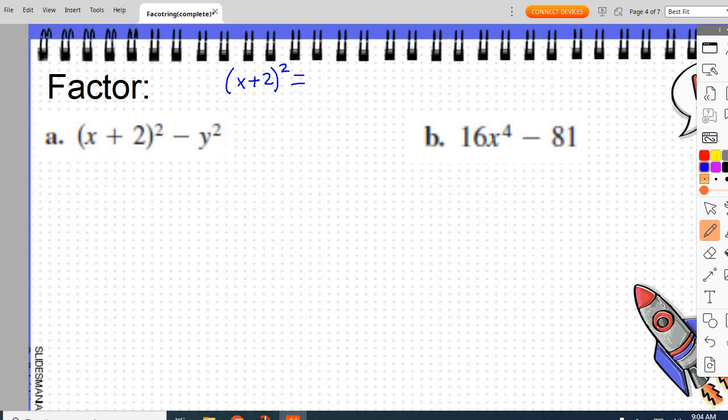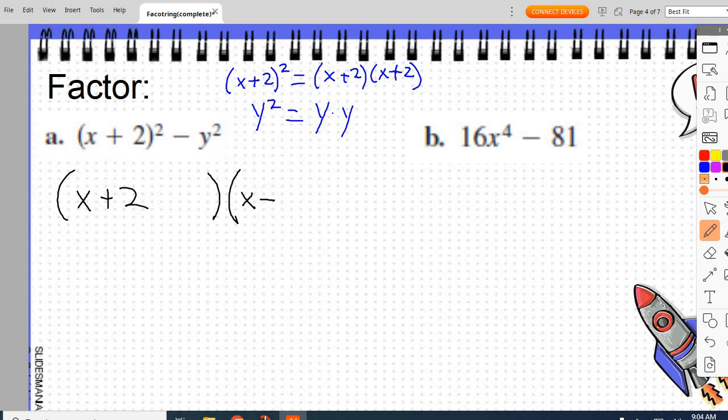Yeah, x plus 2 times x plus 2. And then what multiplied together gives me y squared? y and y. So that means that my first part that we're going to write is going to be x plus 2, on both of my parentheses.